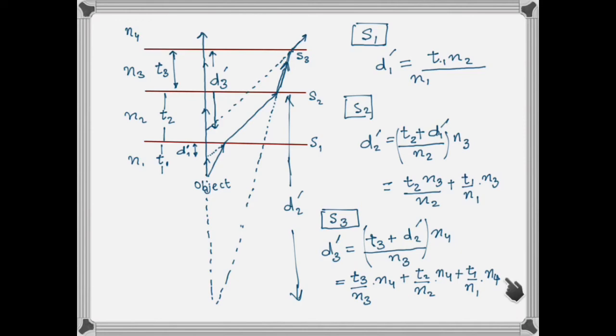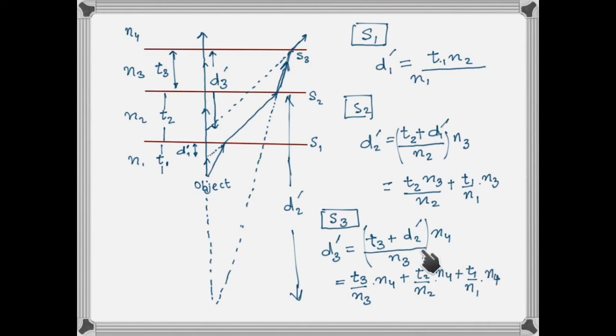So you can apply this formula directly to find the position of the image from the final interface. This is the first interface, second interface, third and final interface, through which the light is passing. So the final image distance, measured from the final interface, is this.